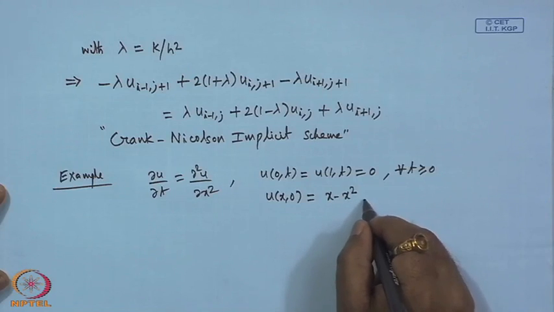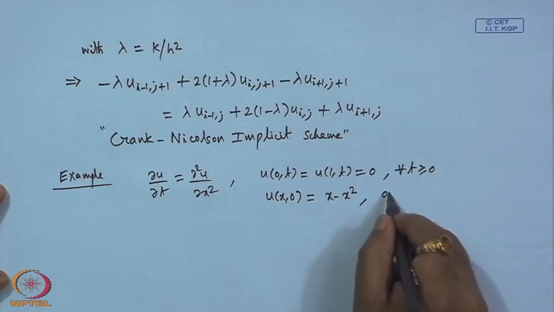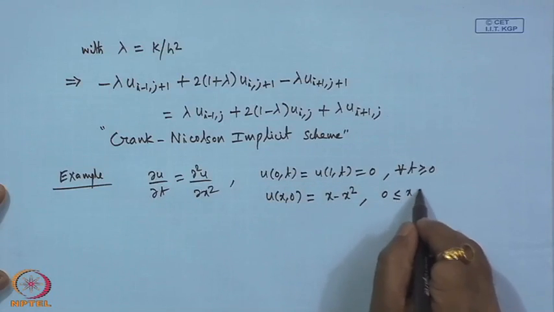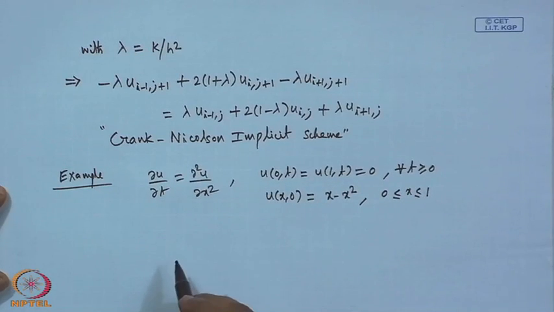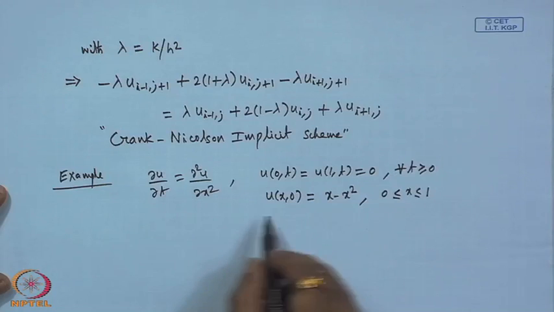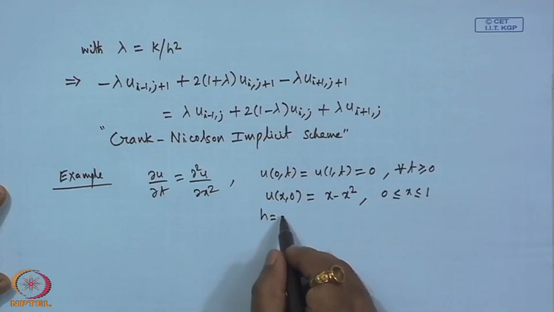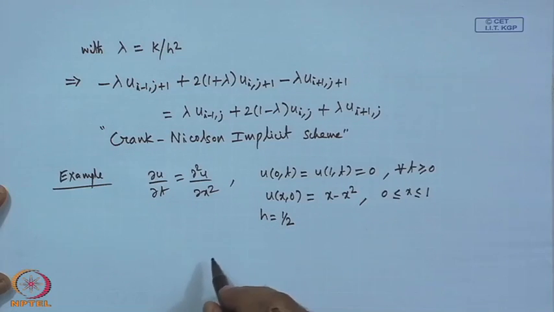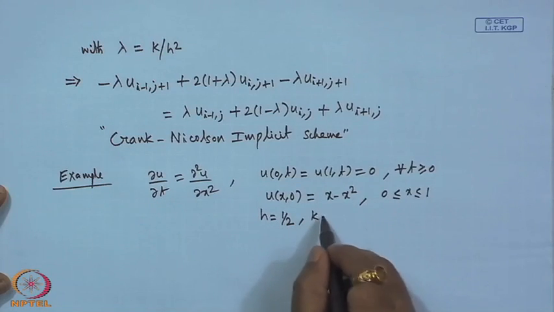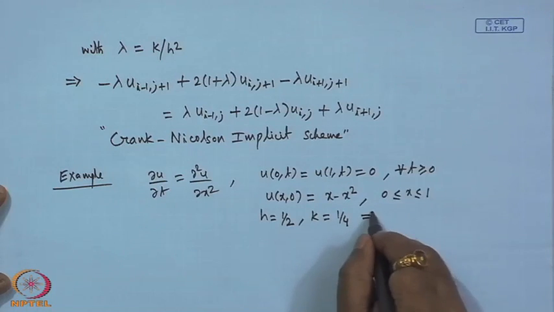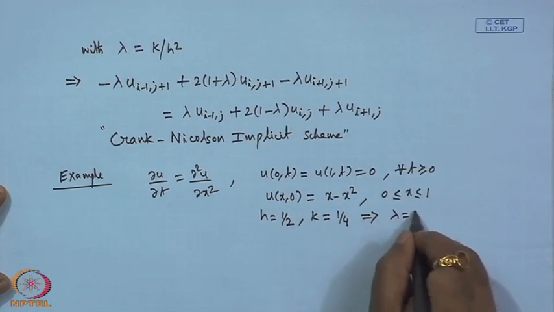So, this is of course for x boundary 0 to 1. Okay. Then further we need the parameters, say h is half, k is 1 by 4, this will give lambda equal to 1.